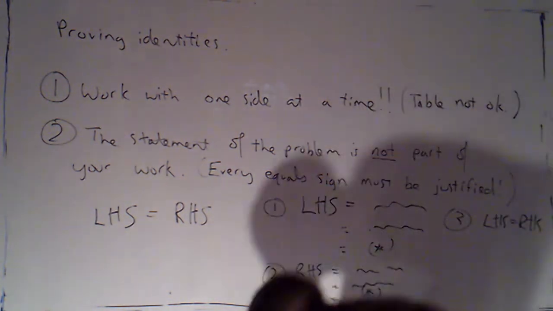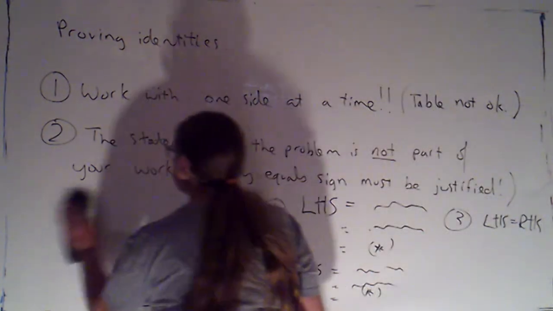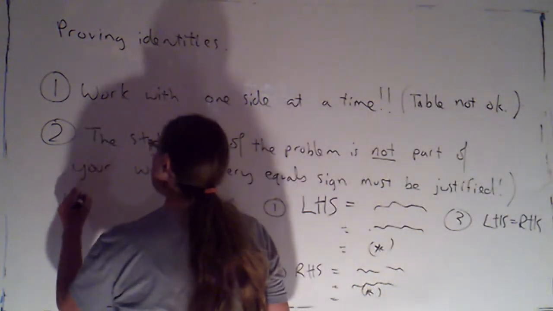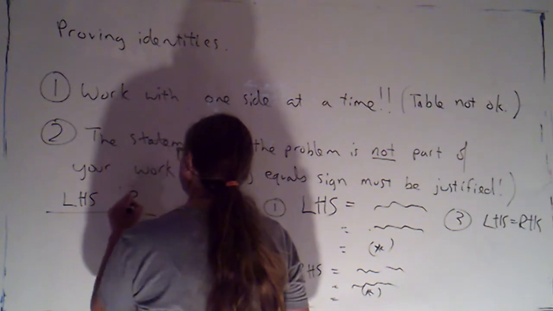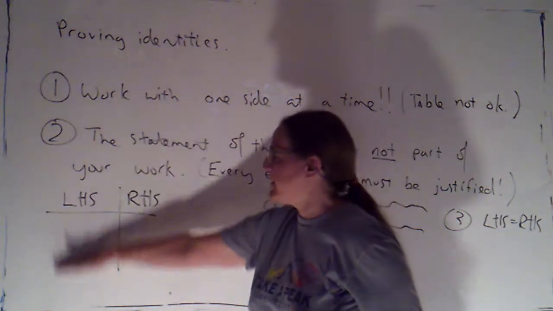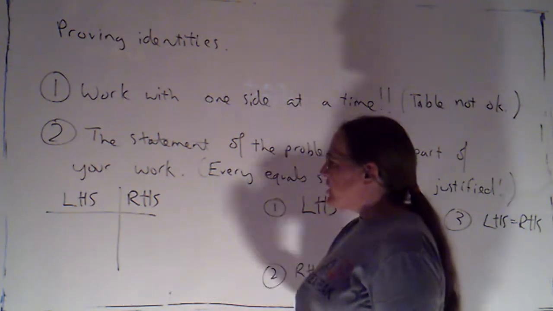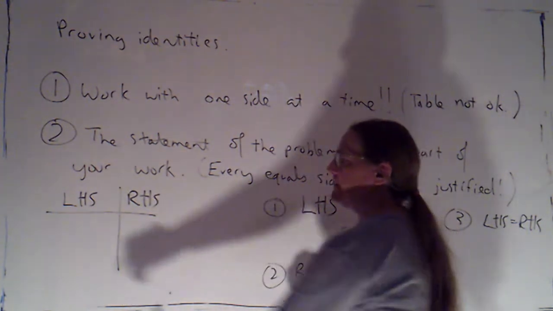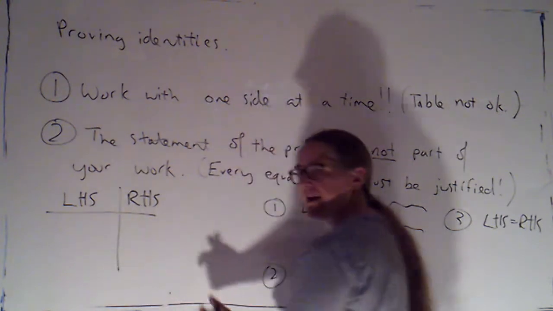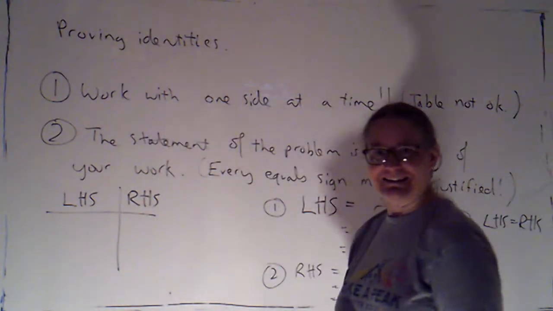If you're going to do that, and that's a perfectly legitimate way of doing things, a table like this doesn't count. Where you say, I'm going to simplify the left-hand side here, and I'm going to simplify the right-hand side here. Unfortunately, when I see people do this, they very often simplify the left side, simplify the right side, and then just throw in an equal sign in the middle.